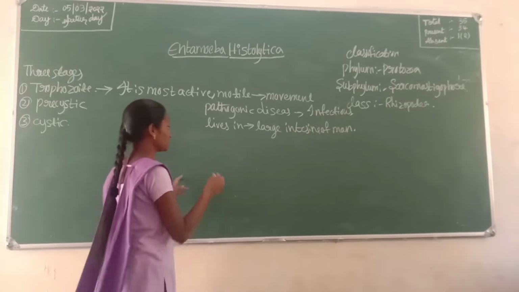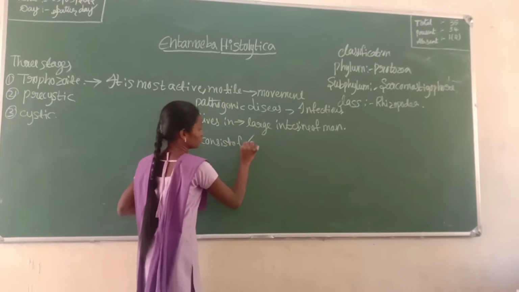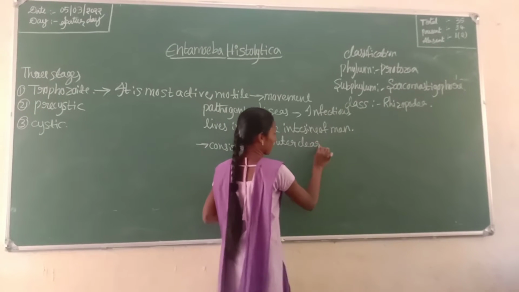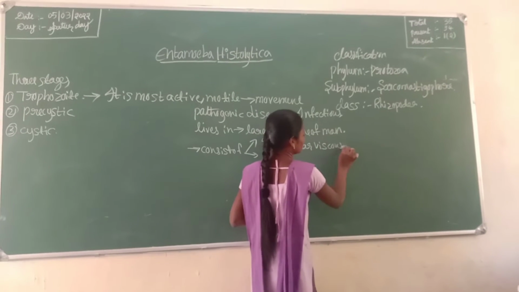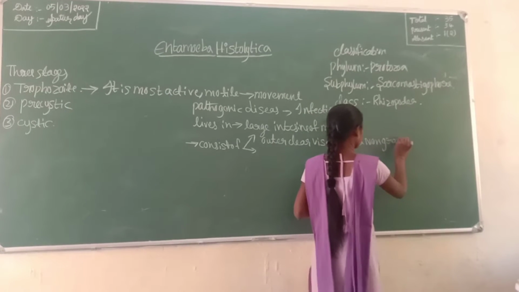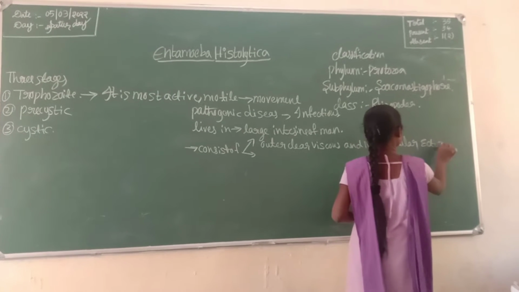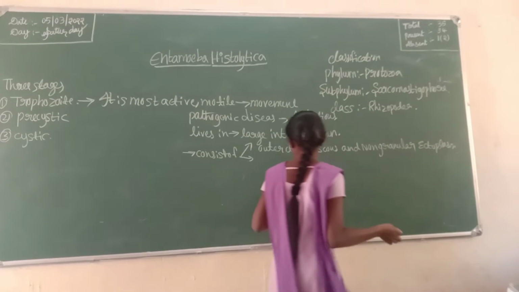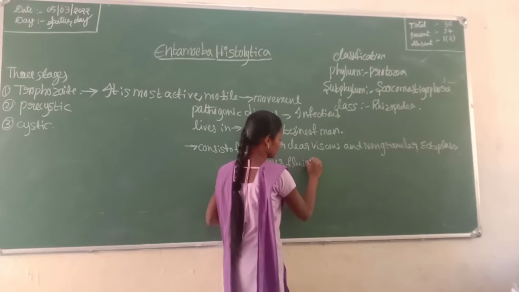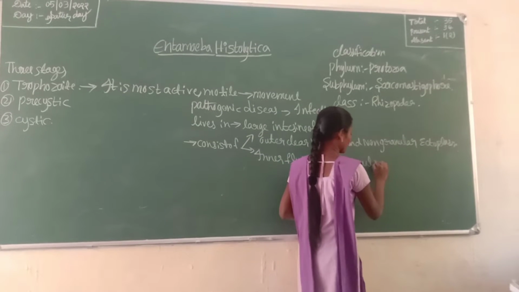The trophozoite stage consists of two parts: the outer clear, viscous, non-granular ectoplasm, and the inner fluid with granular endoplasm.